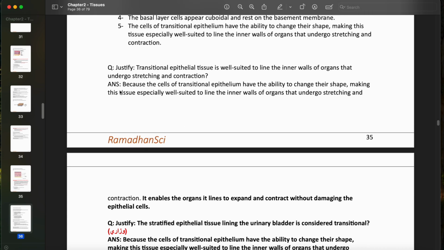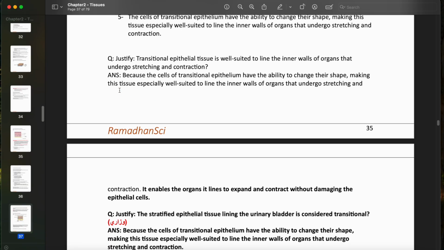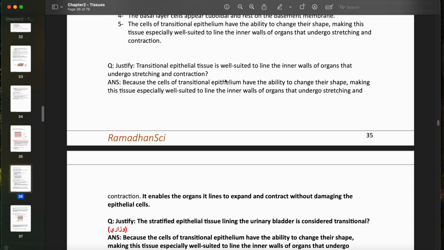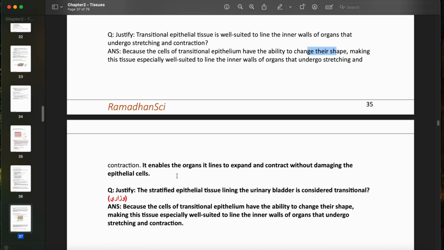They can give you some justification questions here. For example, justify that the transitional epithelium tissue is well suited to line the inner walls of organs that undergo stretching and contraction: because the cells have the ability to change their shape, making this tissue especially well suited to line the inner walls of organs that undergo stretching and contraction.